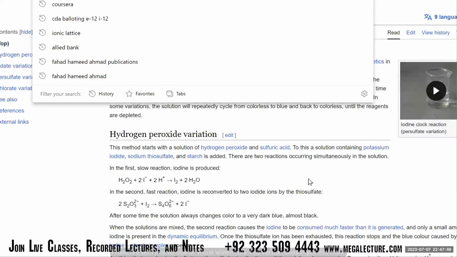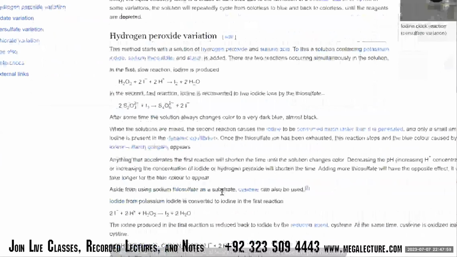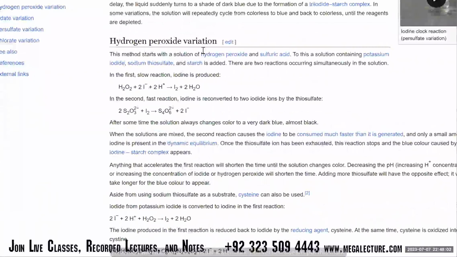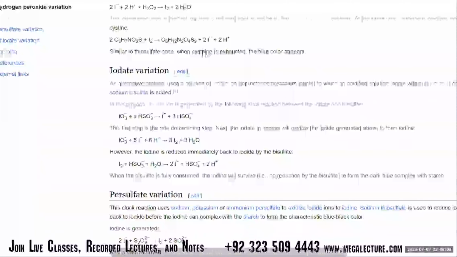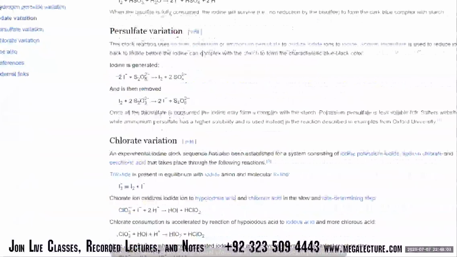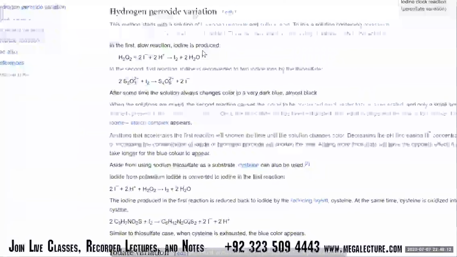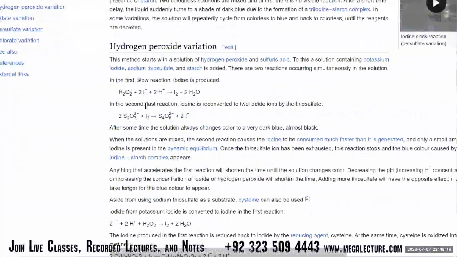This one. So what you can do is we can go with this one. That's the hydrogen peroxide variation. I just want a simple one. Just 1 second. The one that's involving... So I'll just give you an overview. So let's think of this one. Yep, this one.